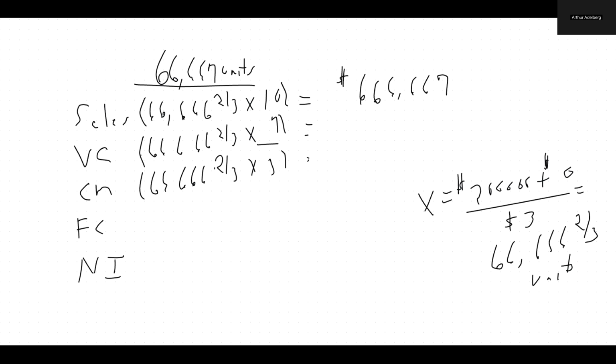Now do $7 times 666,666 and 2/3. Carry it out all those decimal places and then round it up. What will you get? This way you're going to avoid a rounding error.